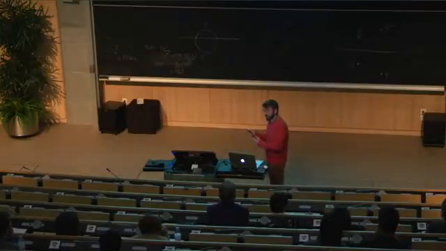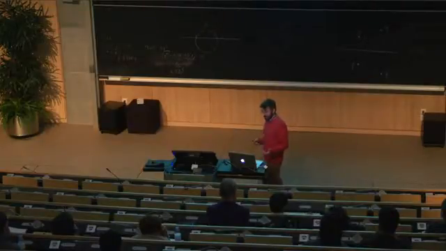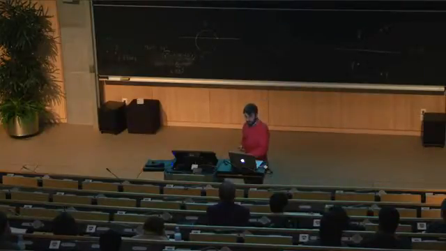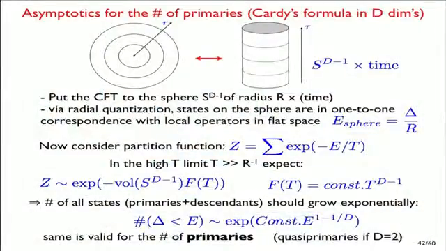Because if it's not convergent, then might we not run into the same difficulties that people doing epsilon expansion are running into? So this is the reason to get really worried. The number of primaries, not only is it infinite in conformal field theories, but it actually grows exponentially fast as you go up with dimension. And here's how you prove it.